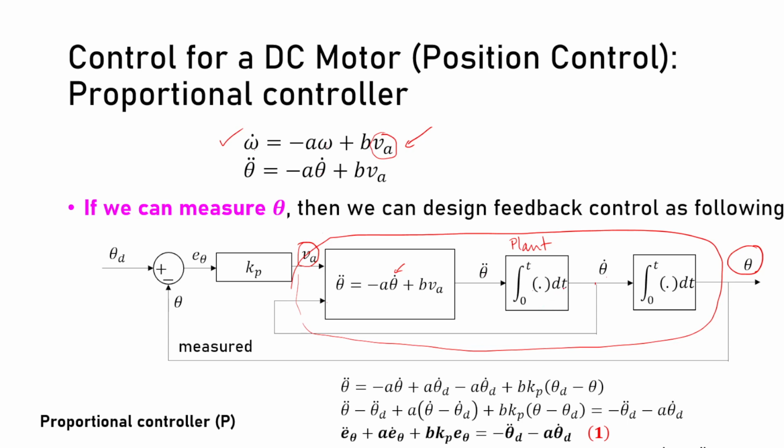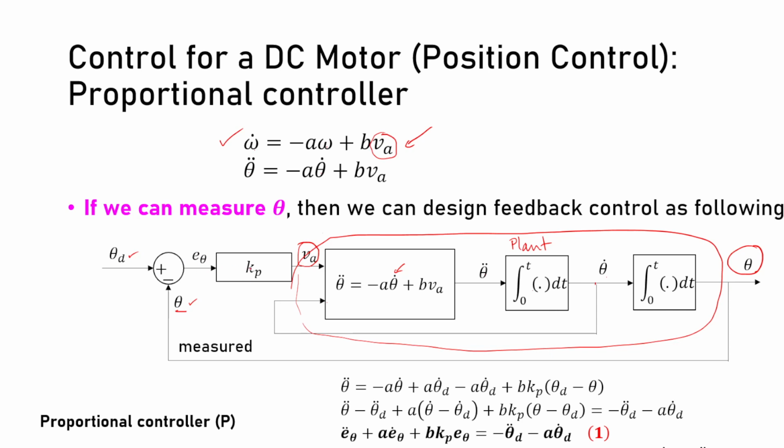Then you want to design a controller to control the angle of the motor. So you need to measure the angle of the rotor. Suppose you can measure it, then you have the value of the measured theta, and you can easily compute the error between the desired and the actual.